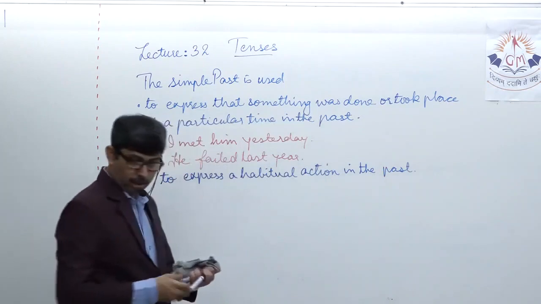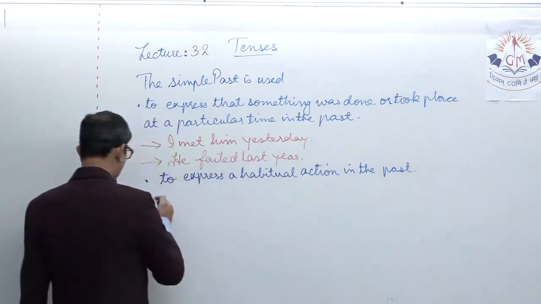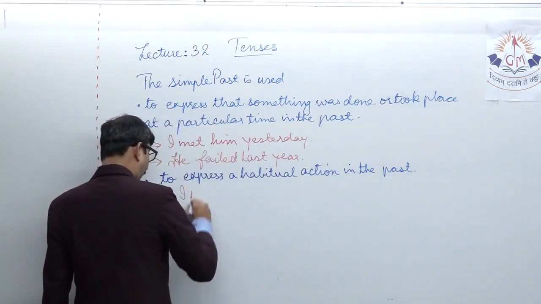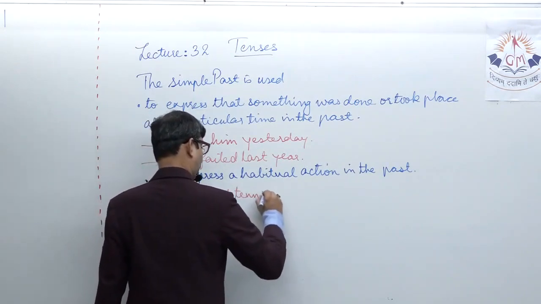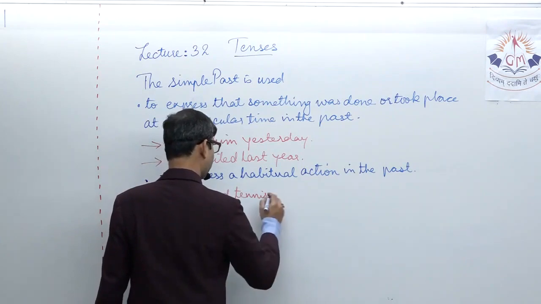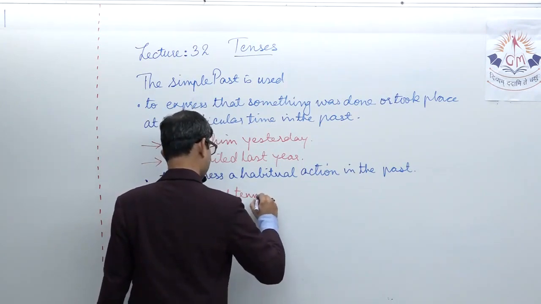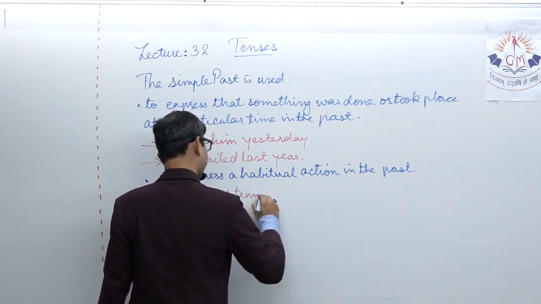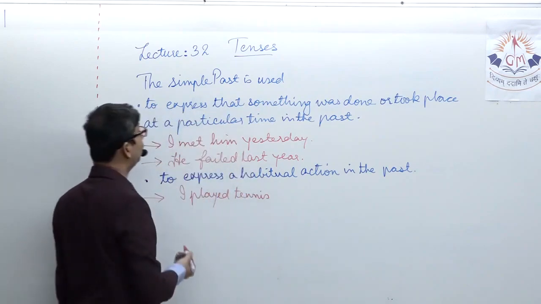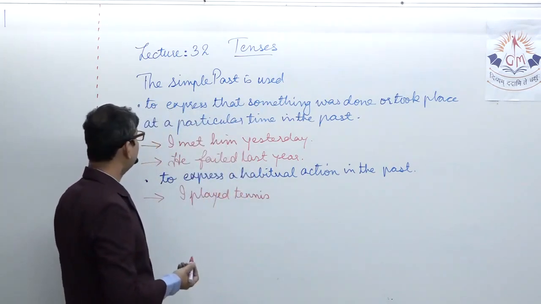Let's see an example based on this. I say, I played tennis. You may say, sir, this is just a simple tense, just like the previous one, to express something that happened in the past time, something that was done at a particular time.